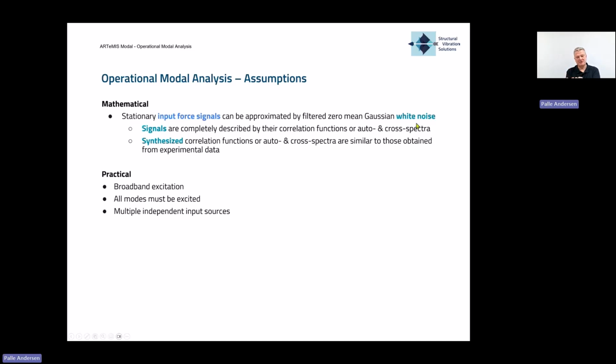And if something is Gaussian distributed, we can fully describe it with the first and second order moments, which means in our case, we can actually describe it completely with either looking at the correlation function of the measurements or looking at the spectral densities of the measurements, because these are the second order moments.